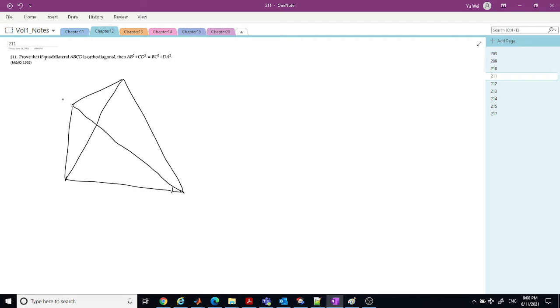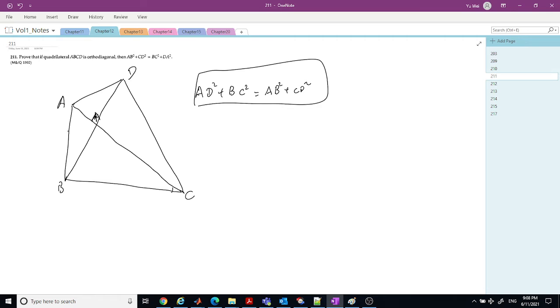So if ABCD has diagonals orthogonal to each other, then we have AD squared plus BC squared equal to AB squared plus CD squared. So the sum of squares of two opposite sides equals the sum of squares of the other two opposite sides. Proving this is very simple.